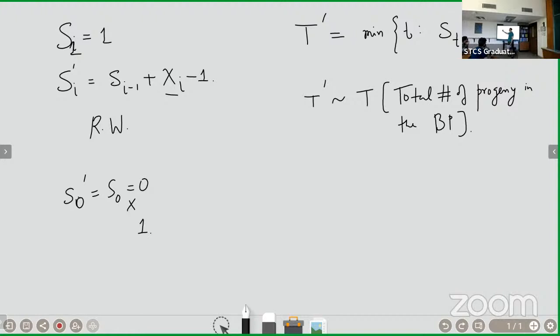It's a very simple process. That's why I'm calling it a random walk. Every time at time i, wherever I am, I'm adding a new random variable Xi and subtracting one, so taking one step back.